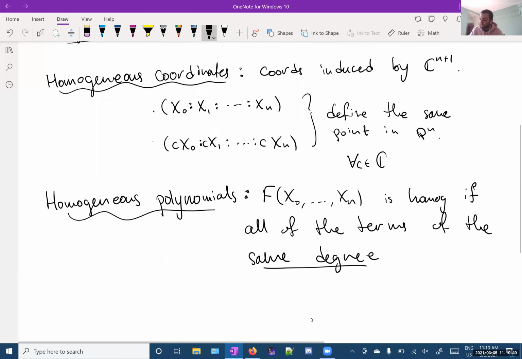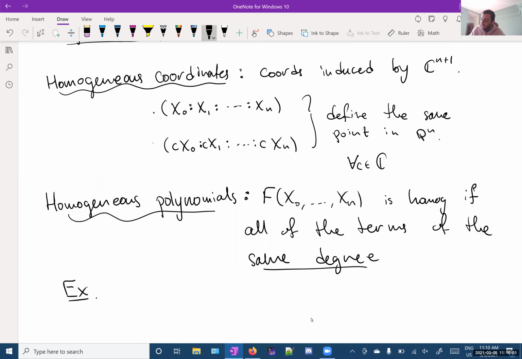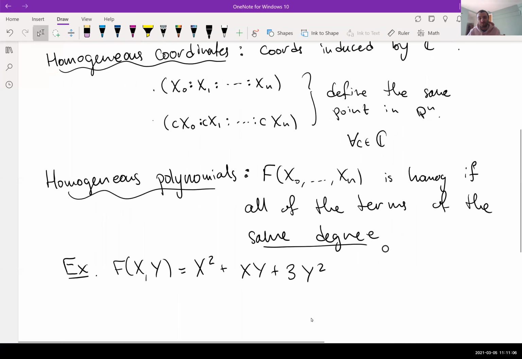So for example, f of x, y being x squared plus xy plus 3y squared, this is a homogeneous polynomial, right? All of the terms have degree 2.